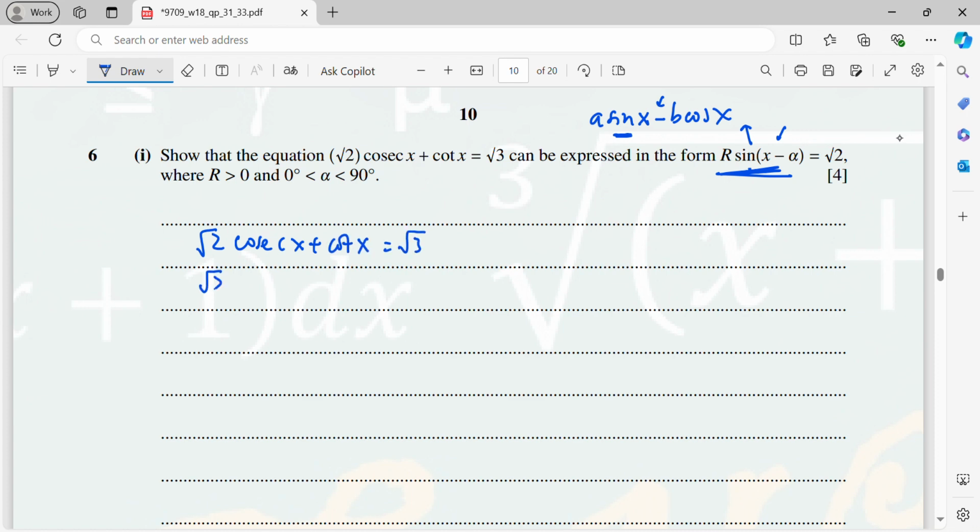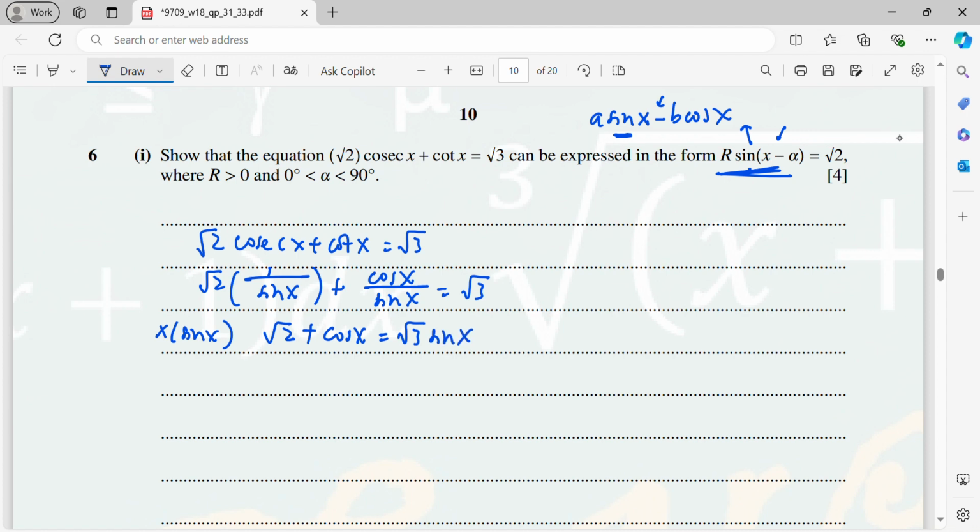So cosec is basically 1 over sine x. Cotangent x is cos x over sine x. Now since both are over sine x, I can just times the whole equation by sine x to eliminate the denominator. Therefore, you are getting square root 2 times (1 plus cos x) equals square root 3 sine x.